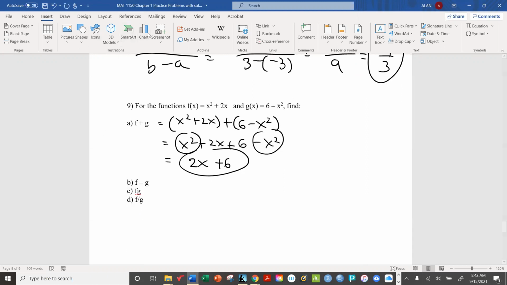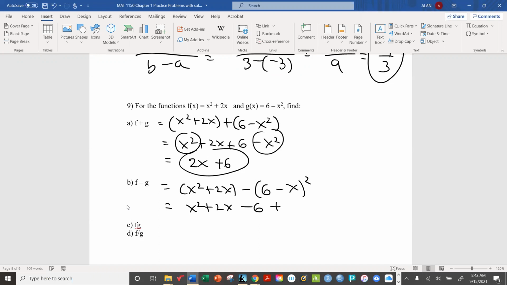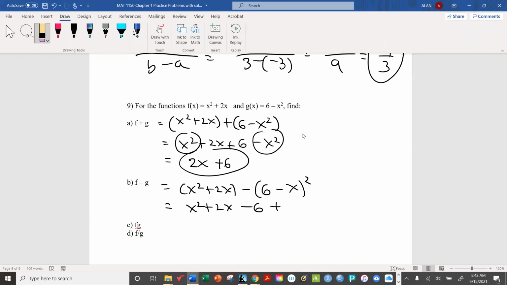Then for the subtraction, this is what I was saying about the subtraction. You've got to be very careful with the signs because you're taking the same setup, except now it's negative. And so when you drop the parentheses over here, it's minus 6 plus, oops, I wrote that wrong, sorry. That's better.